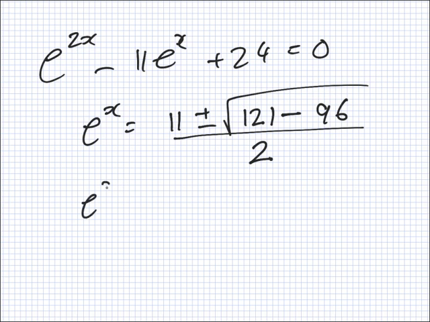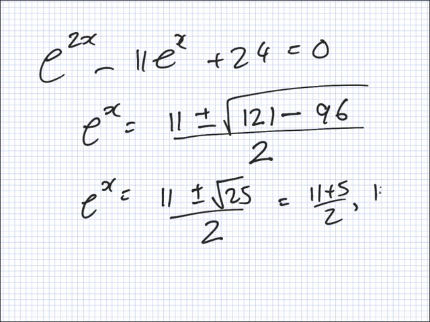So I get e^x equals 11. Oh, actually I could have factorized it because I'm getting nice answers here. It's either going to be 11 plus 5 over 2 or 11 minus 5 over 2. So that's either 8 or 3.